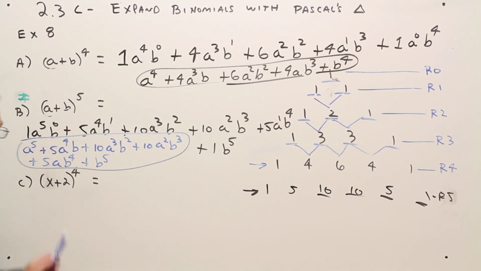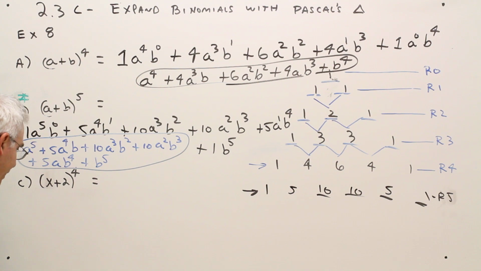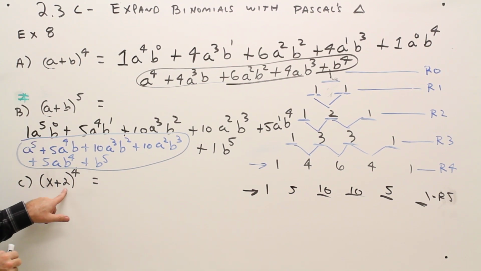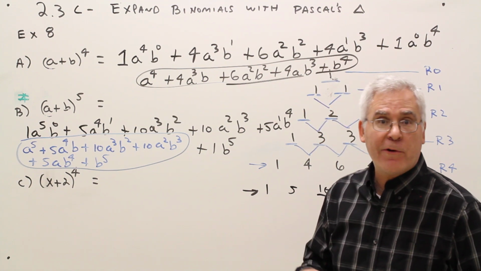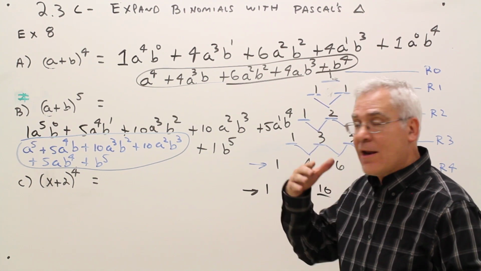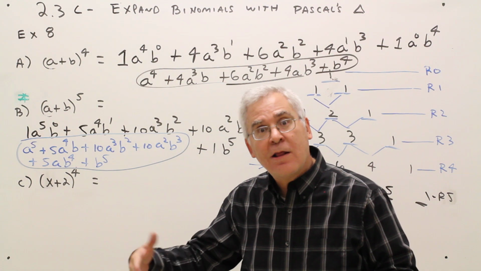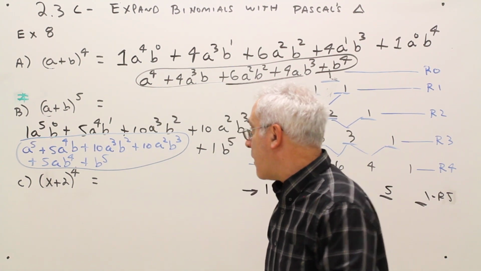Whew. Okay, and then finally, this one, notice, has a number instead of a variable. So it's got a variable and a number. So again, I'm just going to do the robotic thing and then clean it up at the end.